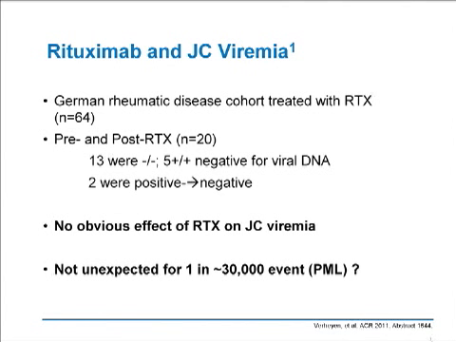In short, 13 were negative and stayed negative, 5 were positive and stayed positive for viral DNA, and 2 of the patients who had JC viremia detectable before treatment with rituximab turned negative.